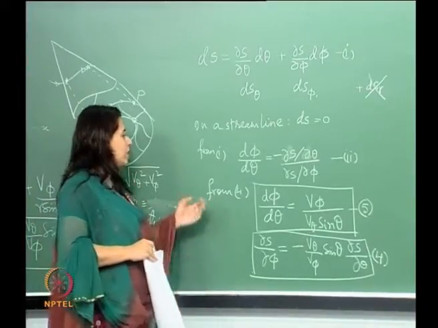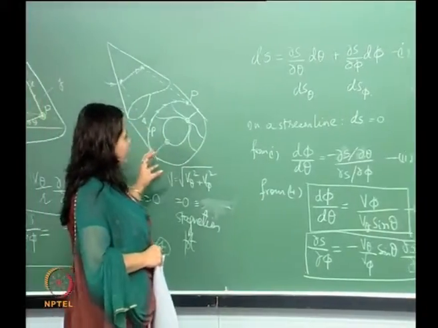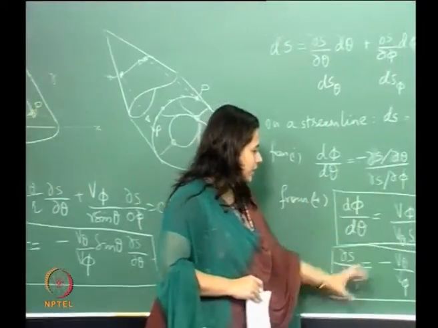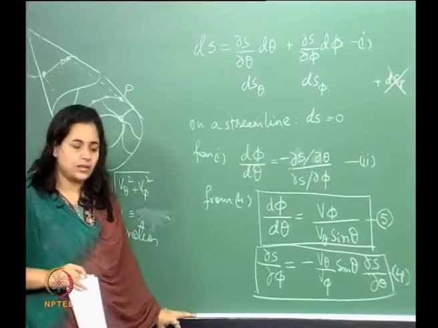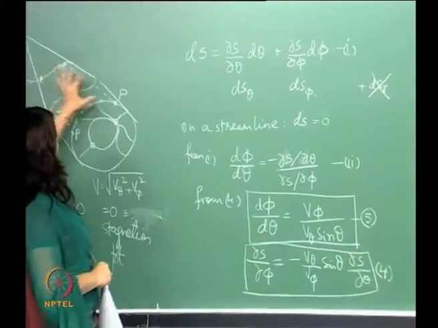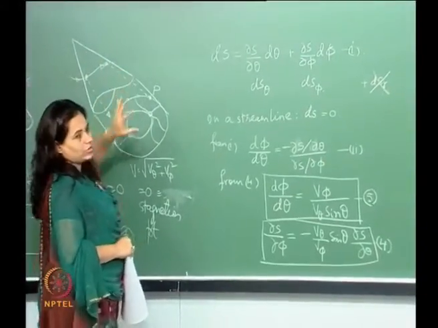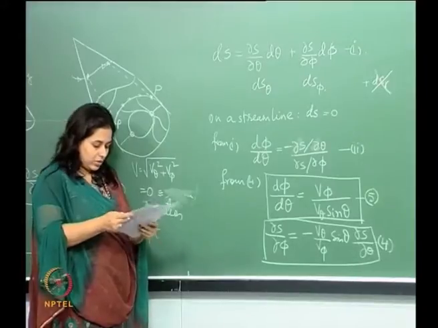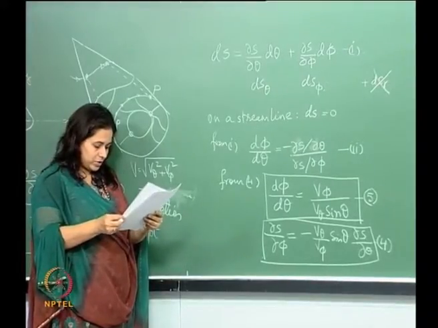Therefore, the vertical singularity is being shown by the equations that we are using. Hence, this is a correct representation of the flow around a cone at an angle of attack. That is the whole gist of it.